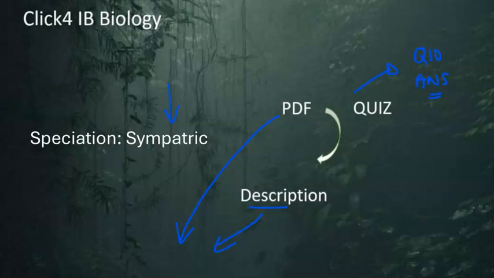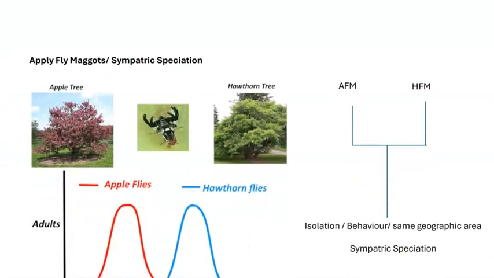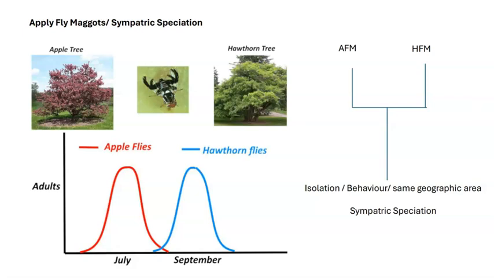So sympatric speciation, as contrast, of course, with allopatric speciation, which we covered in the previous video. So let's take a look at this process. And to do so, we're going to be looking at what's known as the apple fly.